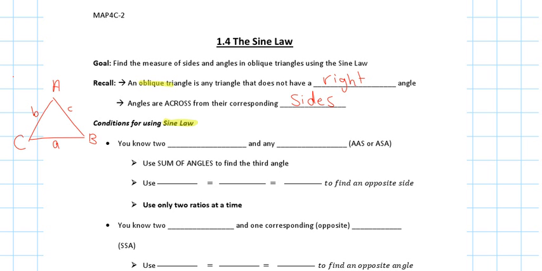You can use the sine law when you have two angles and any side. If you know two angles and any side, you can use the sine law. You're going to have to use the sum of the angles, which is 180, to find the third angle.